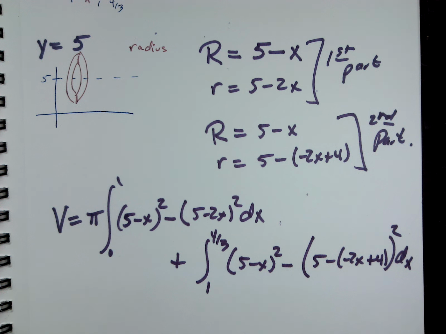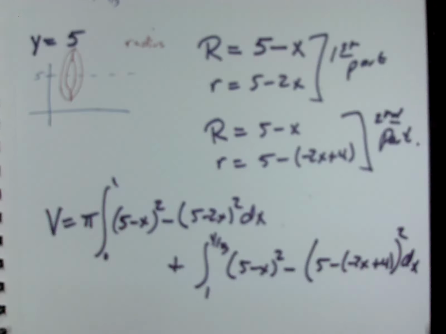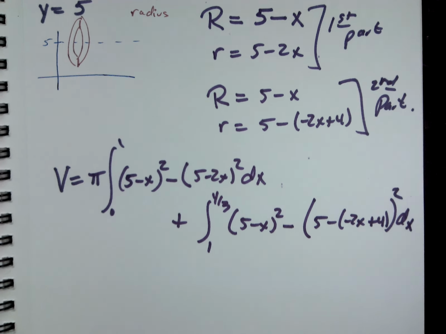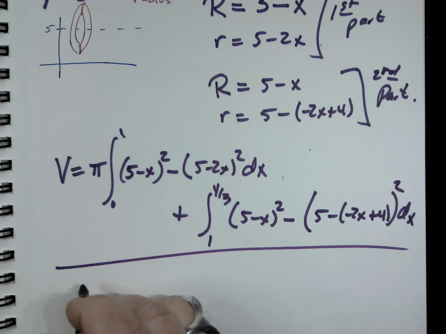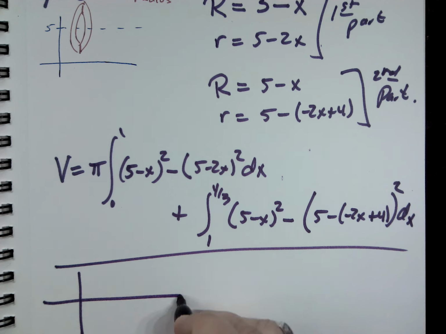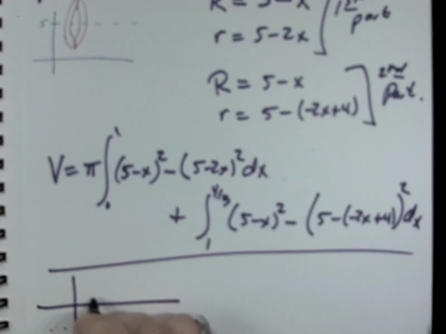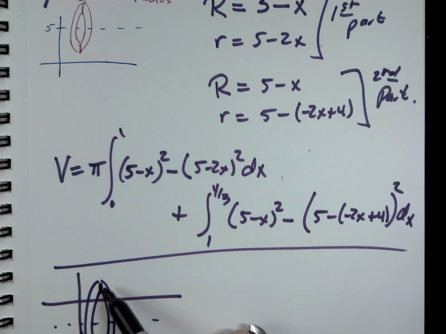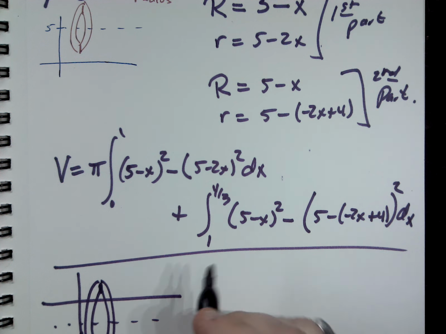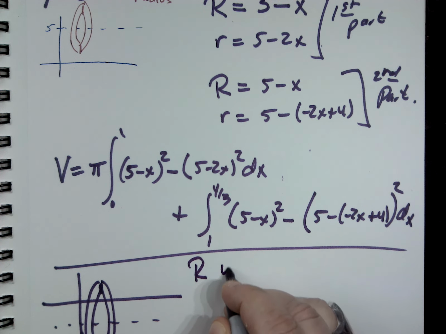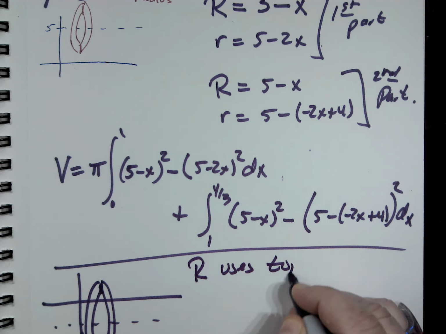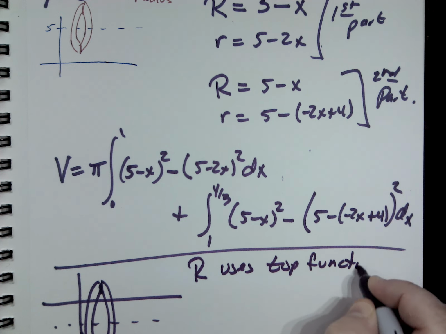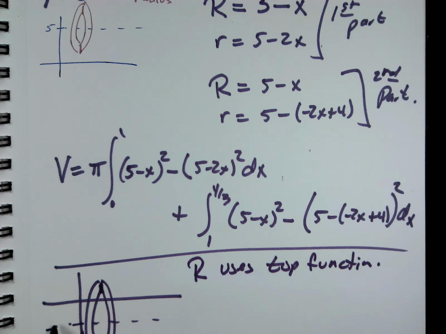Now, how is this going to change if the line that we're rotating around is below? Let's look at that. So now the long radius is going to be used by the top function. And let's say I made that negative 3.